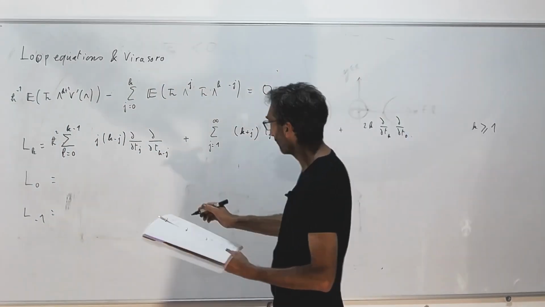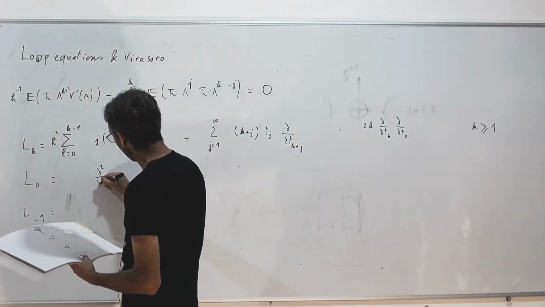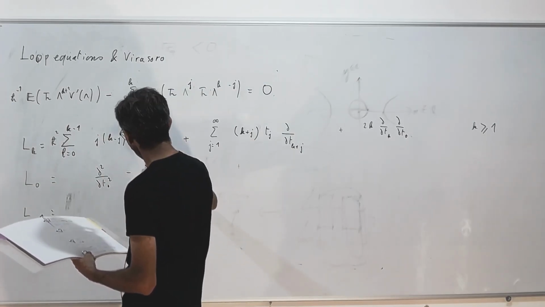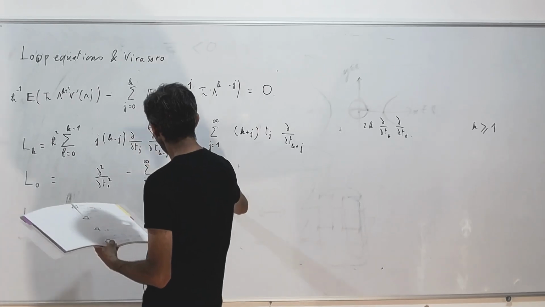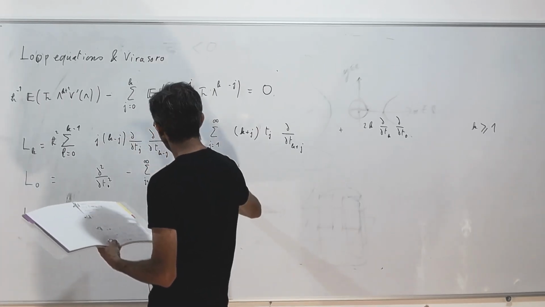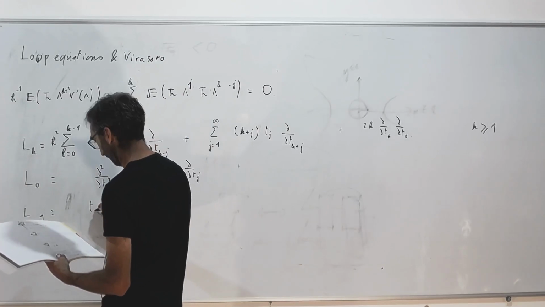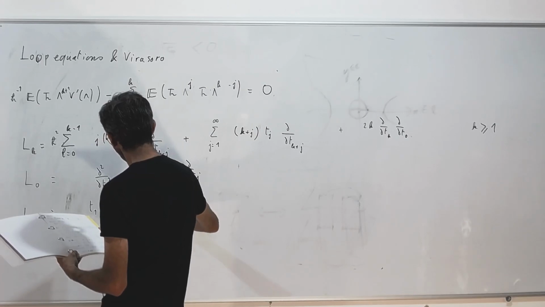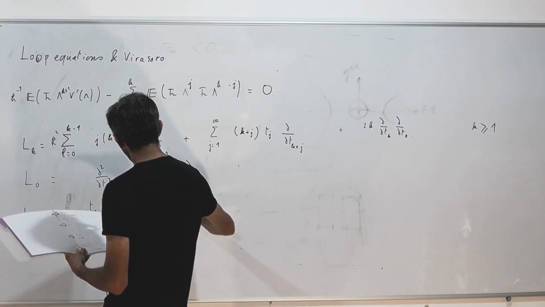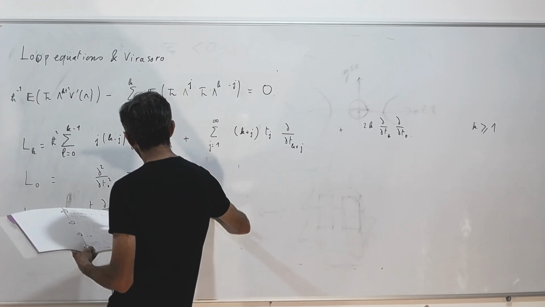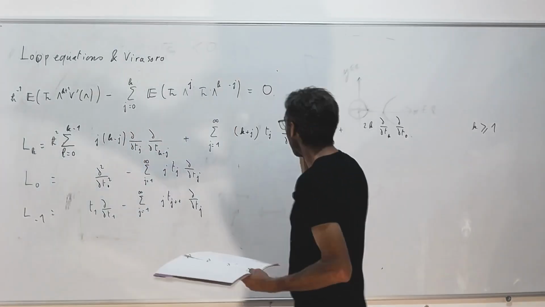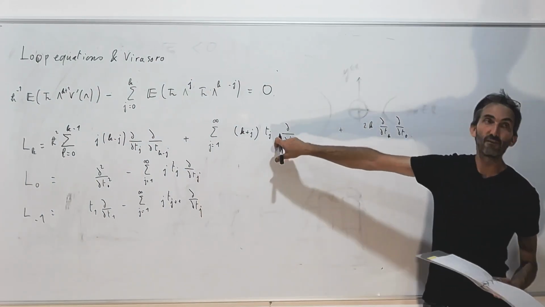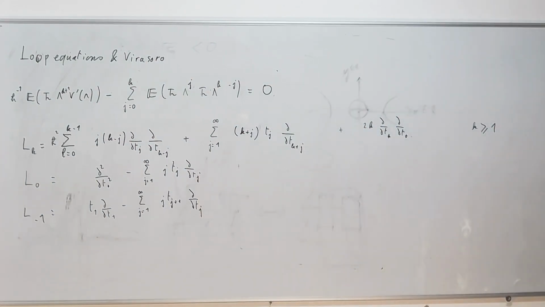L0 is, okay, let me not be rigorous about the powers of h bar, minus sum from j equals 1 to infinity of j tj d over dtj, and L minus 1 is t1 d over dt1 minus sum from j equals 1 to infinity of j tj plus 1 d over dtj. I write j equals 1 to infinity in each of these cases, but remember that only finitely many tj's are not 0. So in fact, it's a finite sum.